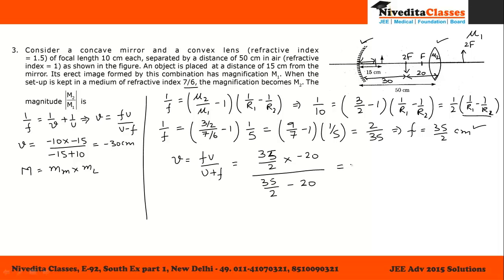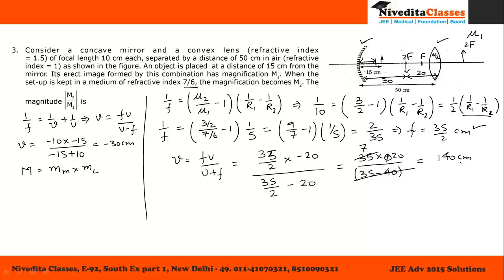Let's say we multiply both sides by 2, so we will have 35 multiplied by minus 20 divided by 35 minus 40, which is equal to minus 5, and we can cancel this 5 from here, and we will have this 7, and this minus sign will also get cancelled. So we will have our v as 140 centimeter.